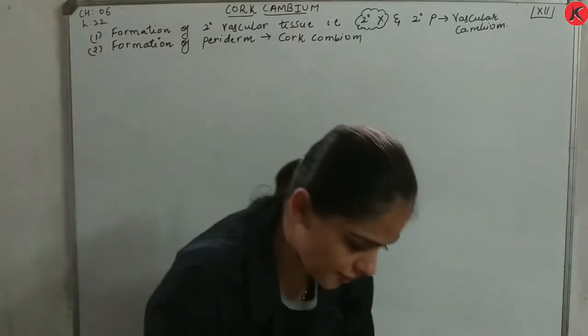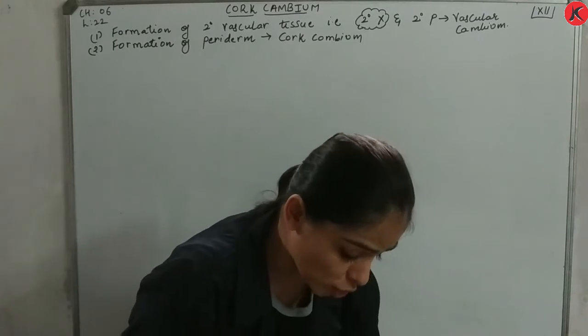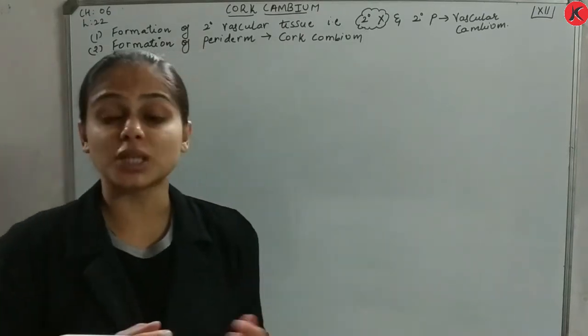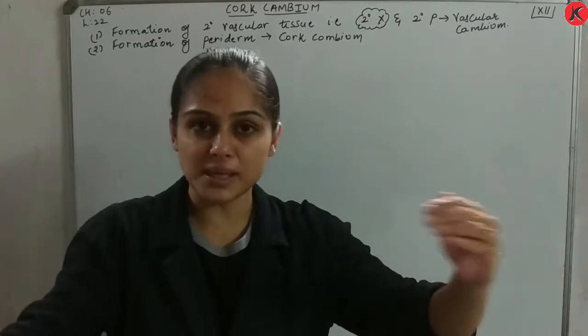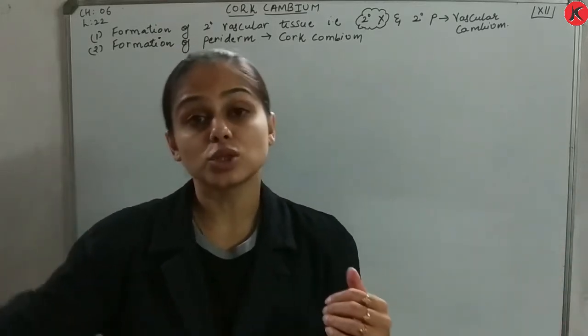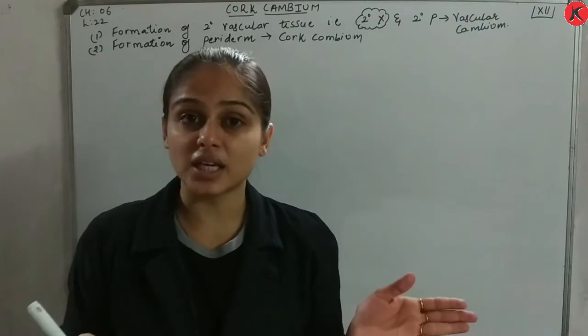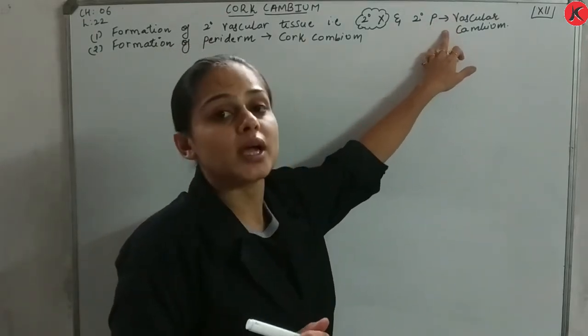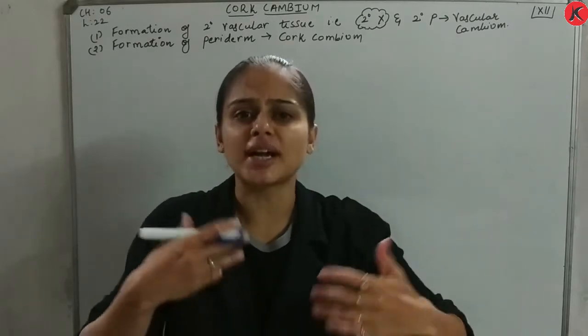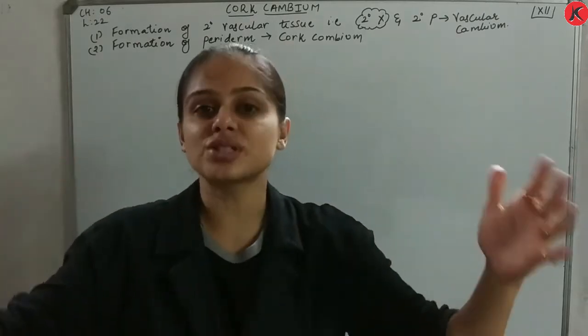Okay dear students, if I want to say something about cork cambium, you can understand that both things occur simultaneously. Towards the inner side, who is active? Your vascular cambium, interfascicular cambium, intrafascicular cambium, which continuously adds new cells.